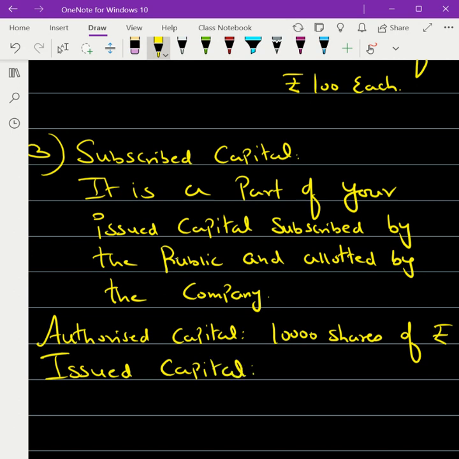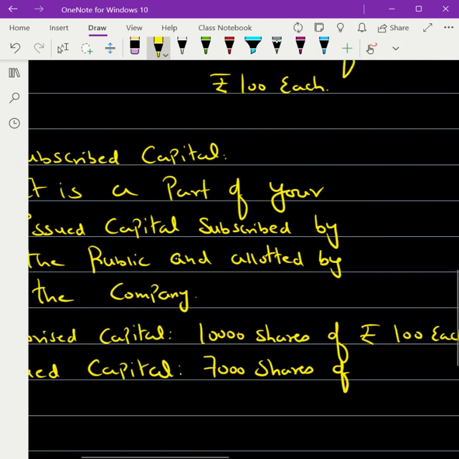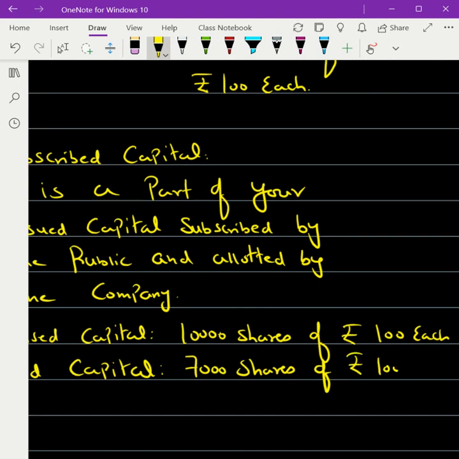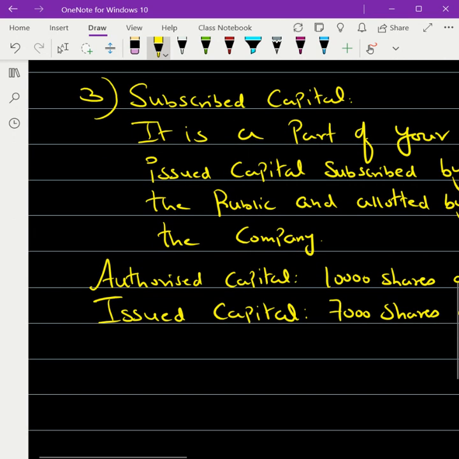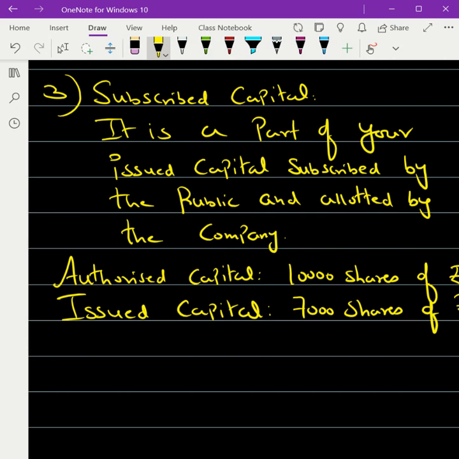The issued capital was 7,000 shares of rupees 100 each. Now, based on the issue only, you can come to a conclusion how much got subscribed.